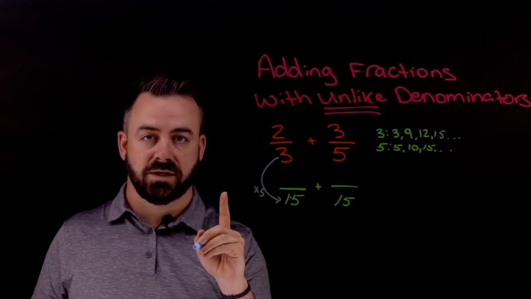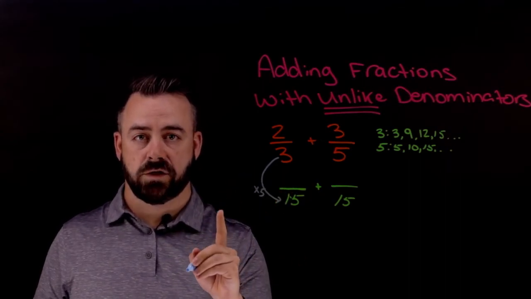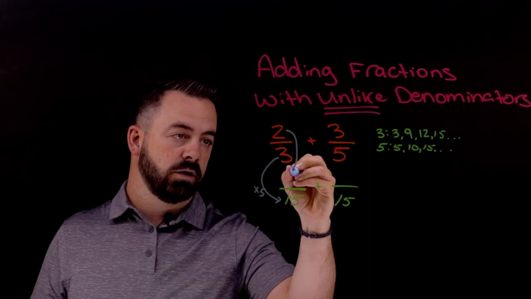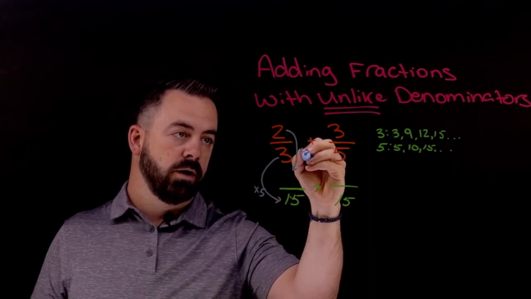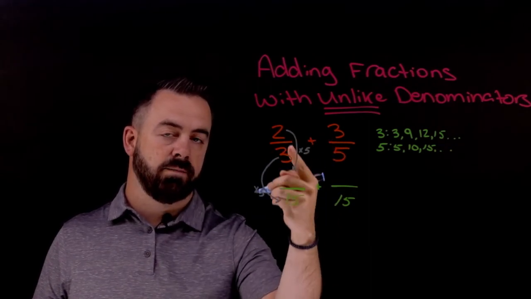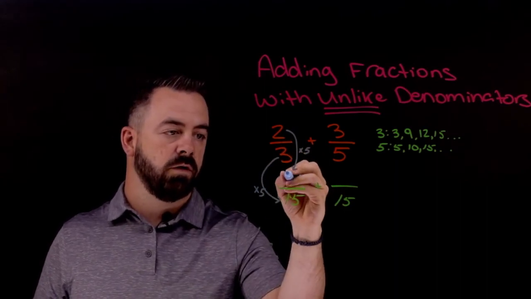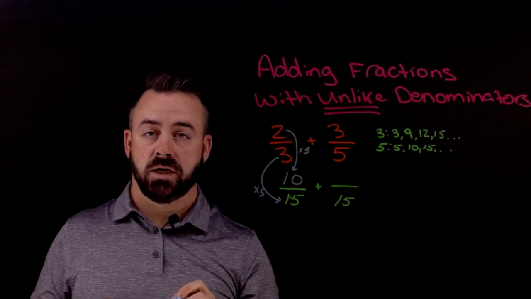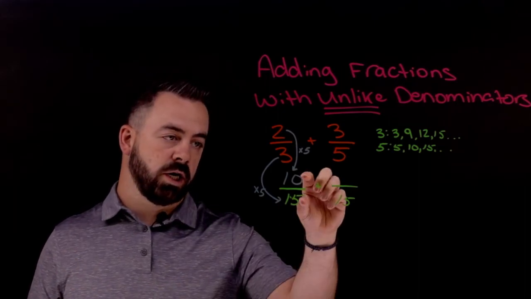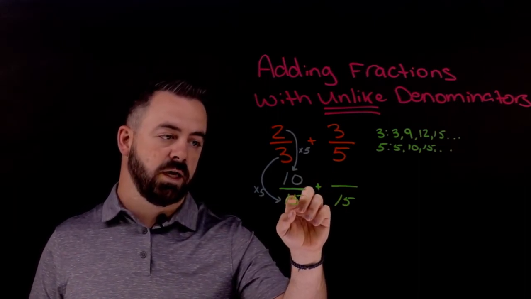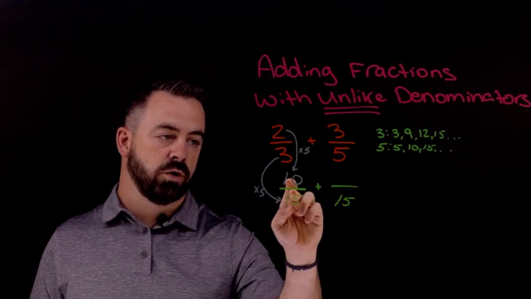And if I do that to the denominator, I have to do that to this numerator to maintain my fraction of 2/3. So 2 times 5 is 10. Now if you had a calculator, you could check 10 divided by 15 is 2/3.